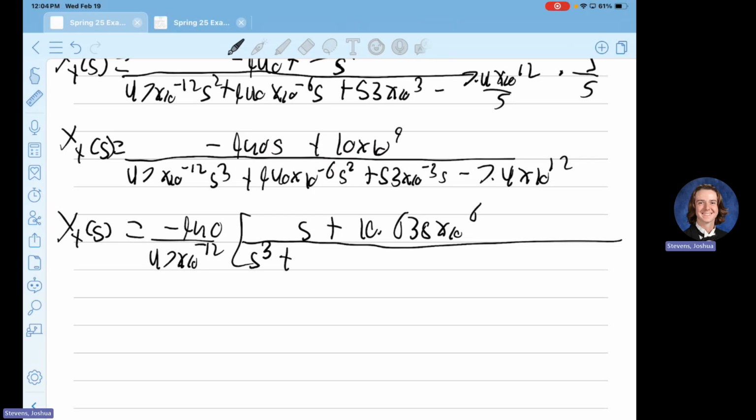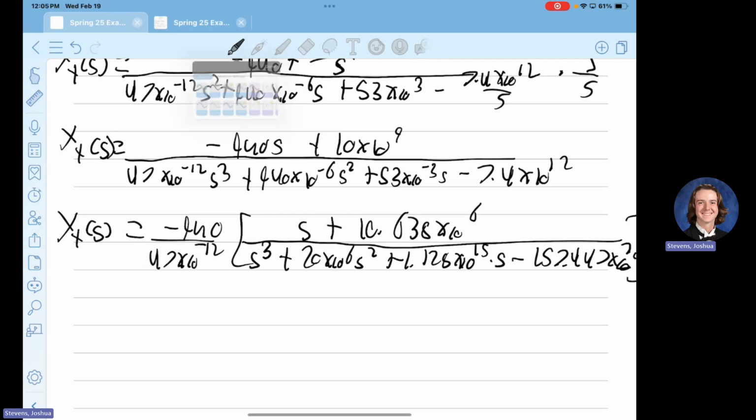And we divided this number by this number to get 20 times 10 to the 6th S squared plus, same thing with that next term of 53, we got 1.128 times 10 to the 15th times S, and minus 157.447 times 10 to the 21.